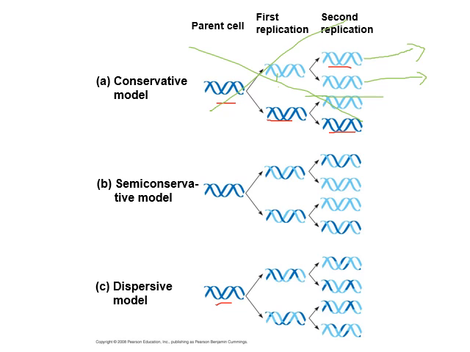The dispersive model, where parts of the daughter double helixes are part original, parts are new, this can't work either, because where's the machinery that would be able to link together complete chromosomes?